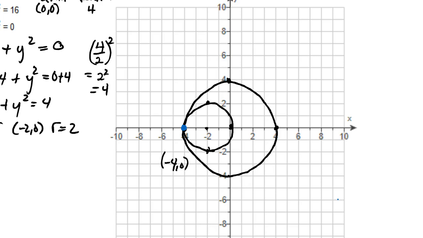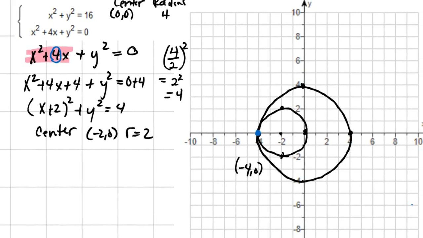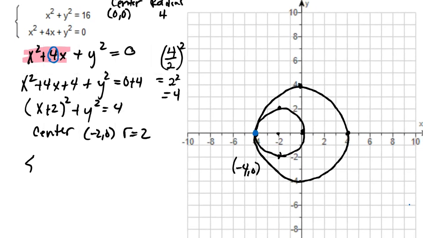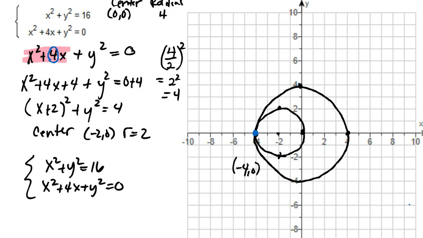Now that is visually the intersection point, but we can also solve this system using substitution or elimination. So I'm going to try that as well. So we have the system, which is x squared plus y squared equals 16, and x squared plus 4x plus y squared equals 0.